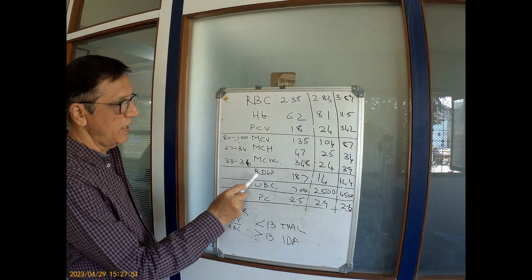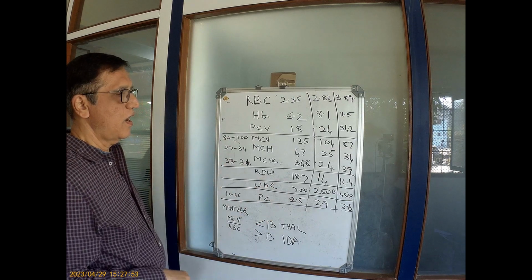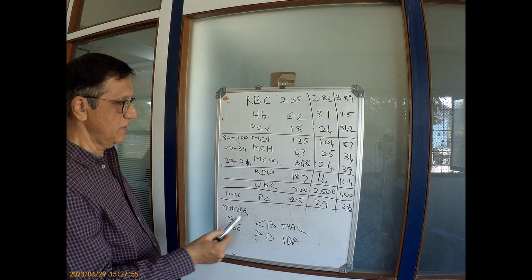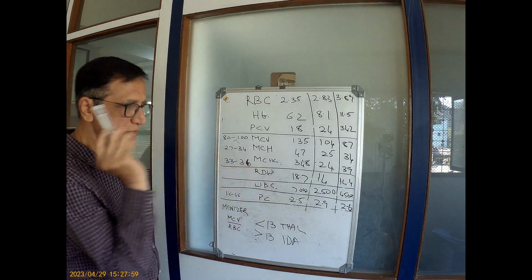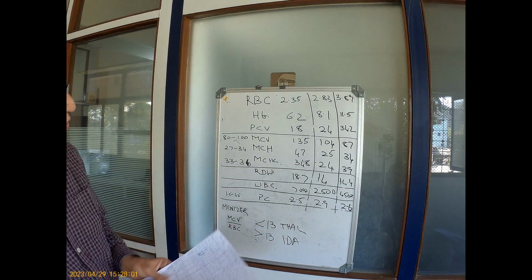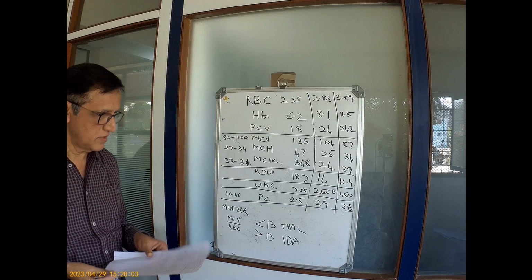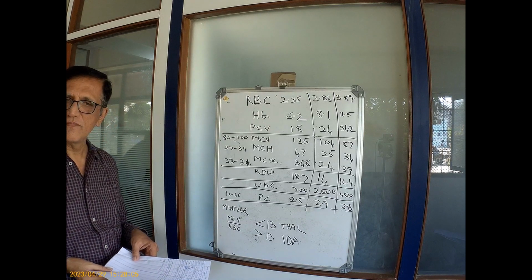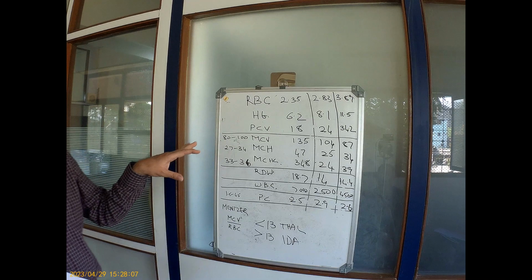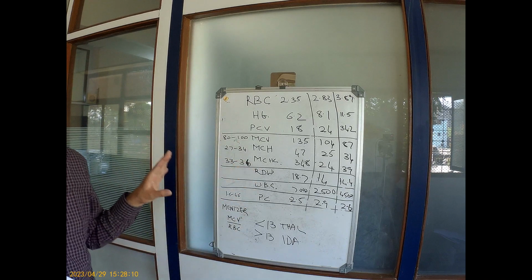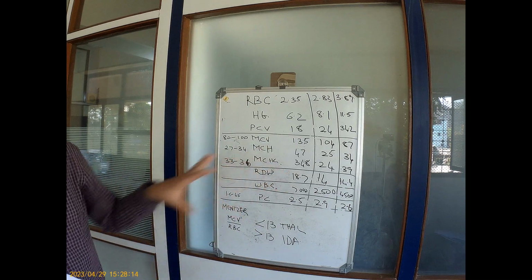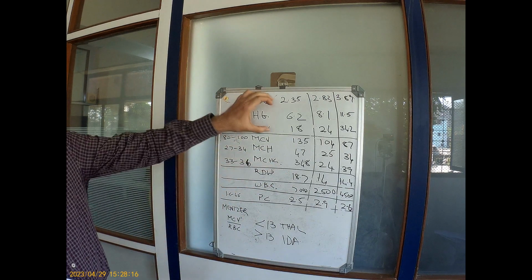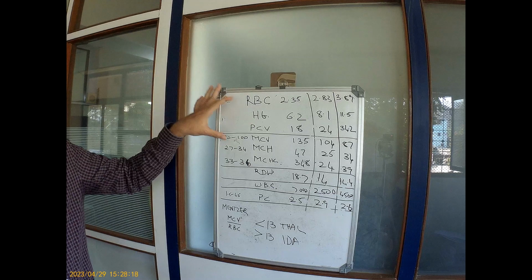Okay, and RDW 18.7, and platelet count 2.5, WBC normal. So how will you diagnose this as? Macrocytic. Normochromic. Yet there's low hemoglobin, so there's pallor, there's anemia.